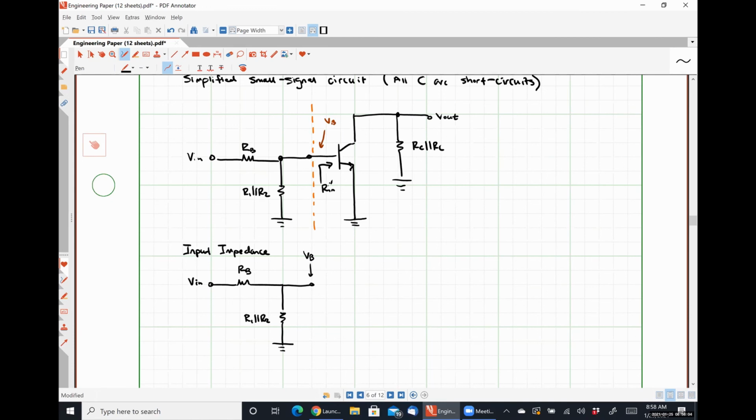Okay, so for this circuit, what is Rin prime?